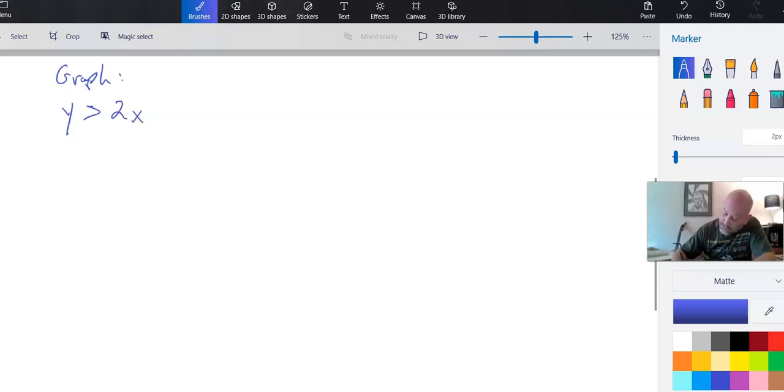In fact, let's throw 2 of them on there. Let's do y is less than or equal to 1/2 x. So we'll throw a fraction in there too. We're getting crazy now. Go ahead and pause the video here and see what you can do with it.